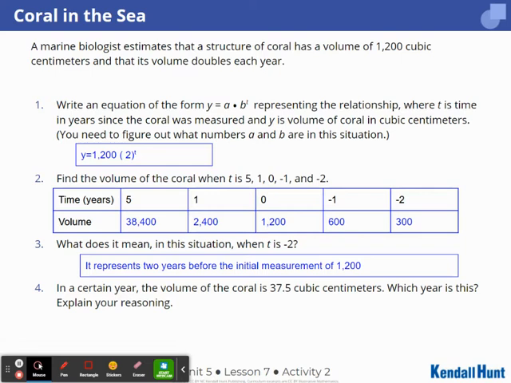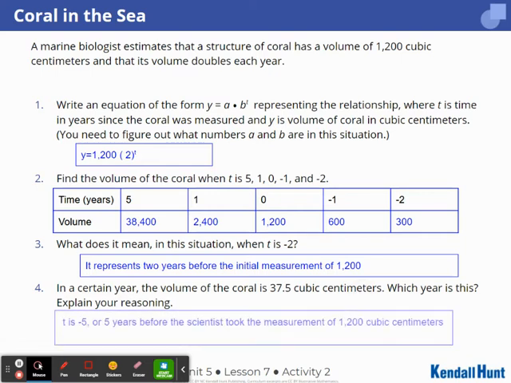So in a certain year, the volume of coral is 37.5 cubic centimeters. Which year is that? Well, we can continue the trend and continue cutting it in half. And so we would end up with 5 years, or t is negative 5. So we're looking at 5 years before the initial measurement.